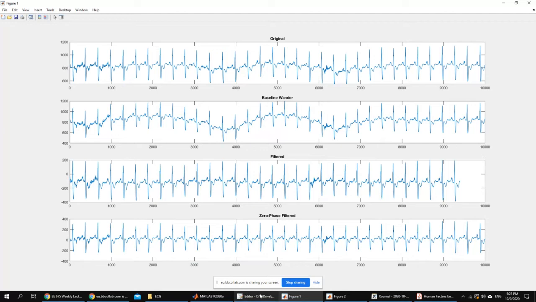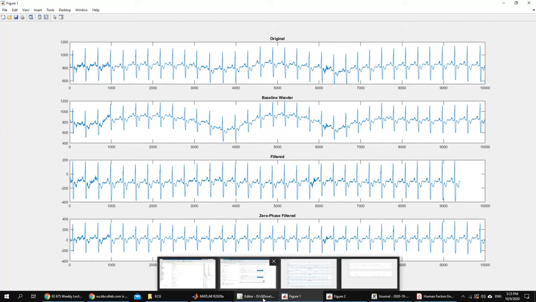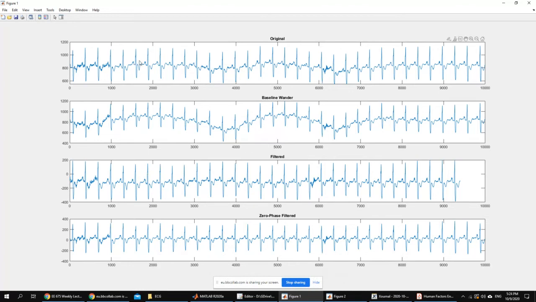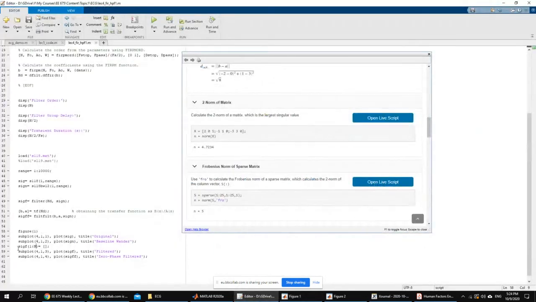The point is you also have to take care of the delay. You have a group delay between the outcome here and the input here, and this can be a problem. If you have a group delay, then this will not coincide with the element above. Maybe I can show it to you if I remove this and show the original outcome.